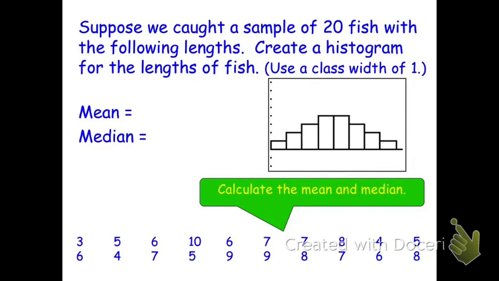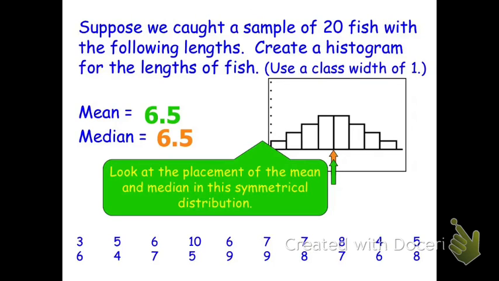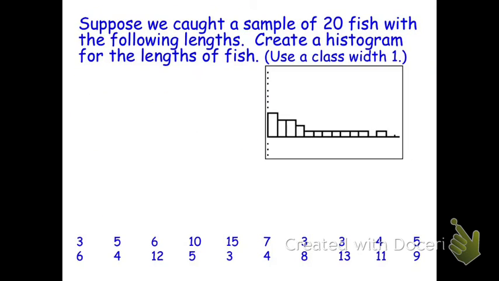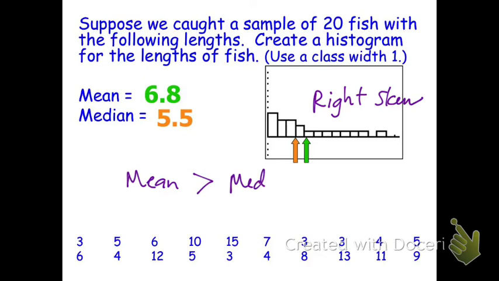So, the first set of data looked like this. We said it was symmetrical because the mean and the median are the same. Then the second set of data should have looked like a right skew. What do you notice about comparing the mean and the median now? The mean is greater than the median.